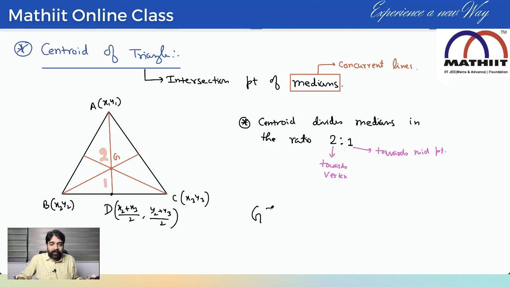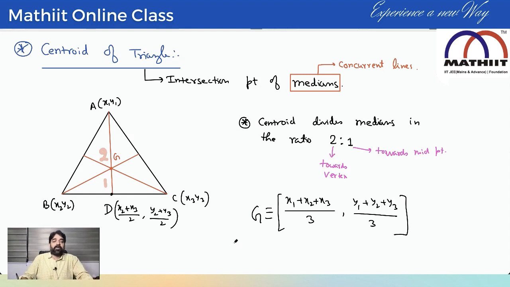Now the G coordinate is ready. Think carefully. What I told you, the section formula: 1 will multiply with x1, so 1 into x1, plus 2 into the x value of the midpoint, divided by the sum of ratio 3. This becomes (x1 plus x2 plus x3) by 3, comma, (y1 plus y2 plus y3) by 3.